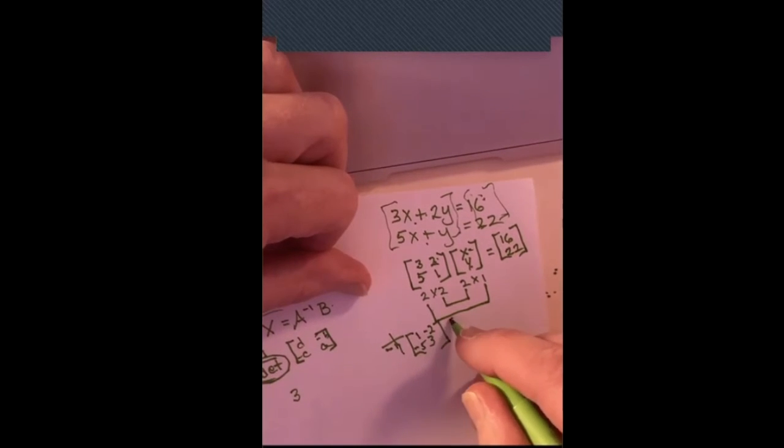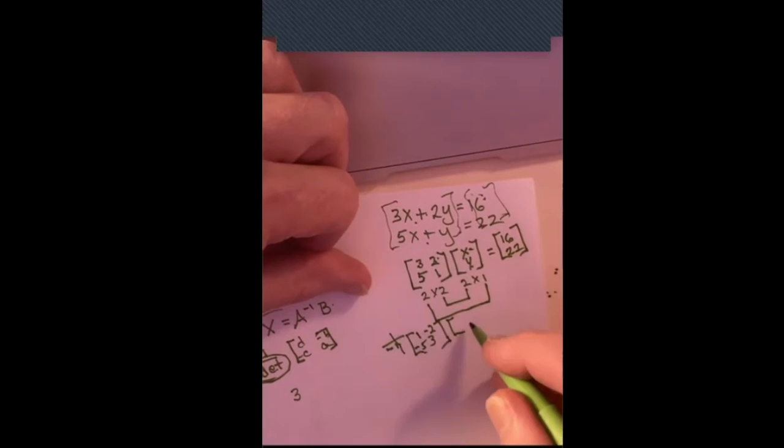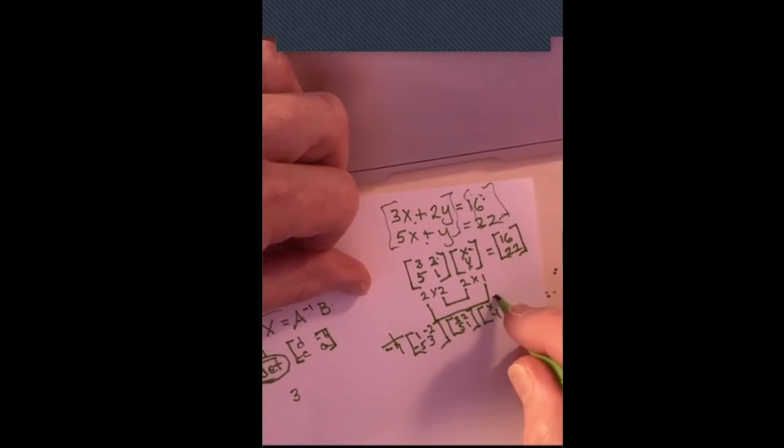And I'm going to multiply this by this matrix here, 3, 2, 5, 1, and this matrix here, which is x, y. And then on this side, I'm going to have 1 over -7 times the adjoint, 1, -2, -5, 3, times this, which is 16 and 22.